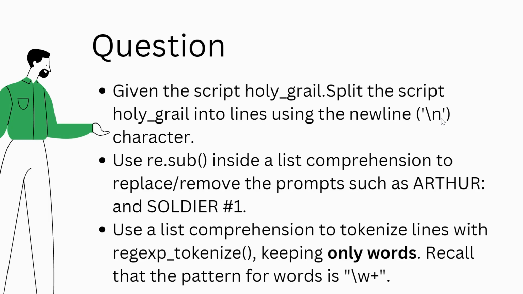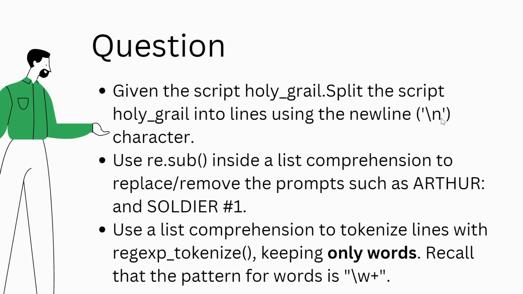Given the script Holy Grail, split the script into lines using the newline \n character. Then use re.sub inside a list comprehension to replace or remove the prompts such as Arthur and soldier #1. Third, use a list comprehension to tokenize lines with regexp tokenize, keeping only words.